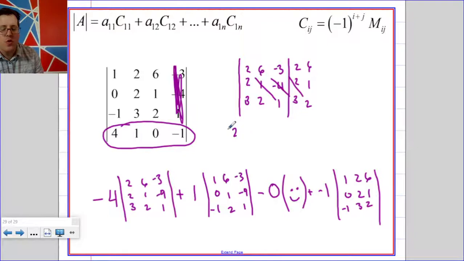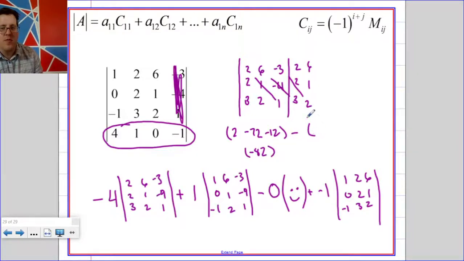So we've got 2. And then this is going to be -72. And -3 times 2 times 2 is -12. So 2 minus 84, that's -82.